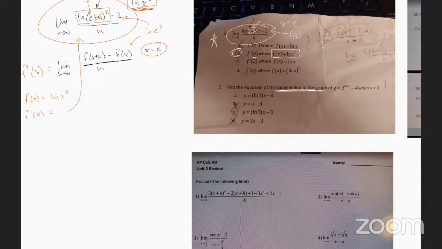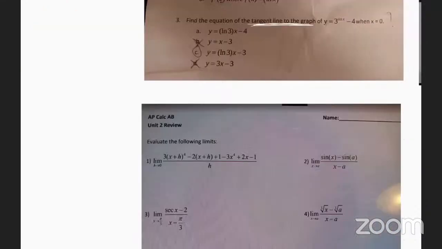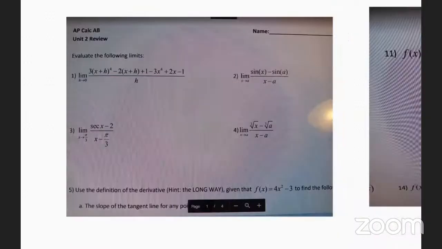Oh, here's some more examples, let's do these. It's that same thing we were just talking about. See how this is that same format?